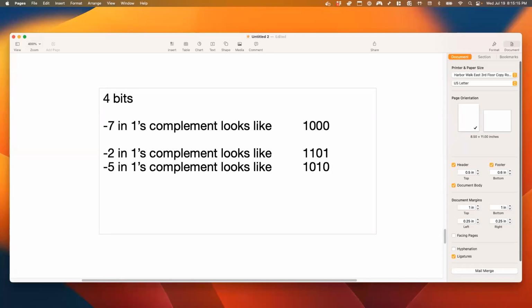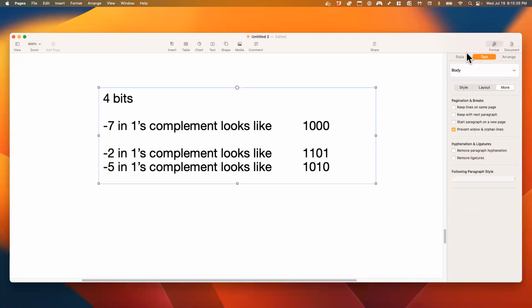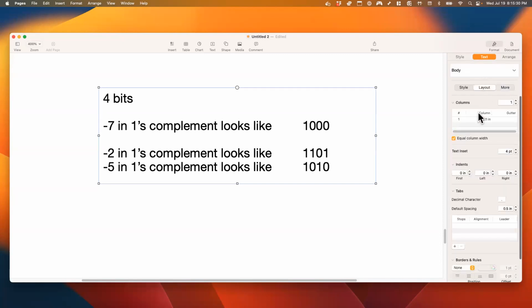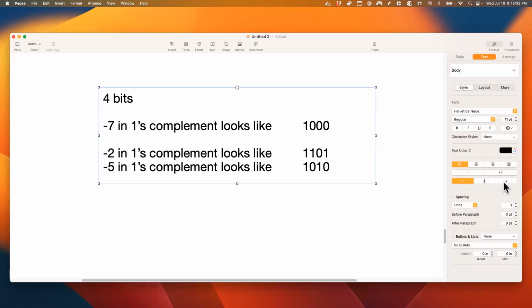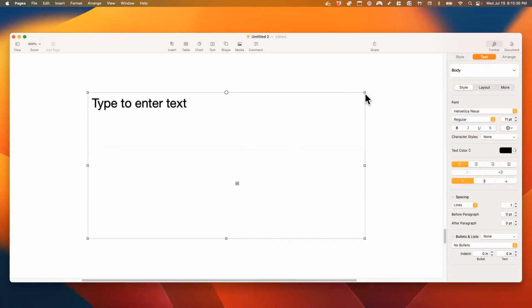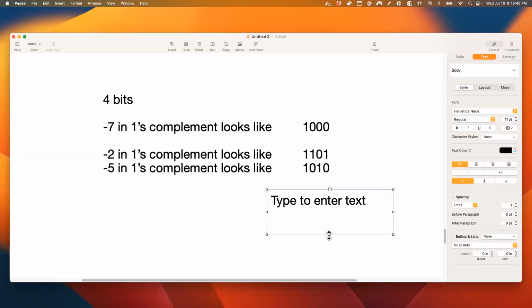I'm going to add the 2. And what's going to happen is you're going to realize quickly that there's a problem. You're going to realize that there's a problem here really quickly.